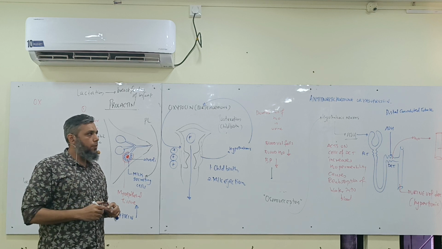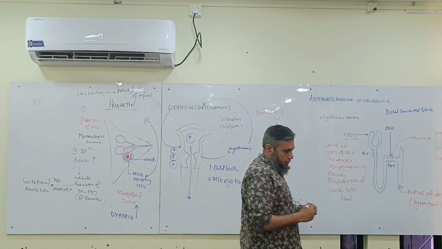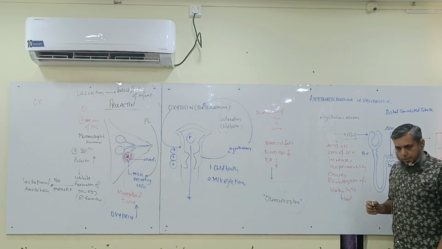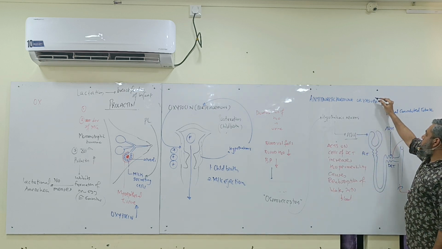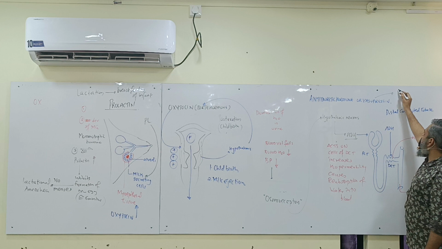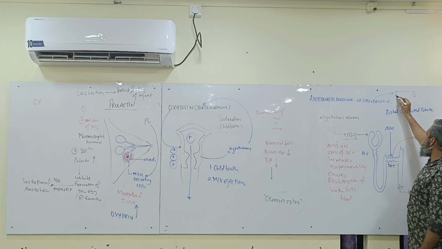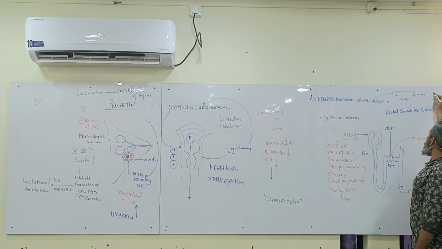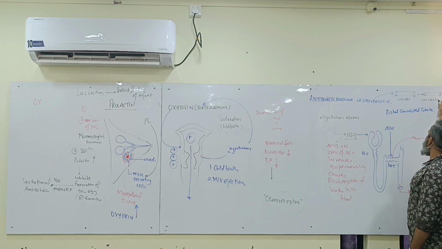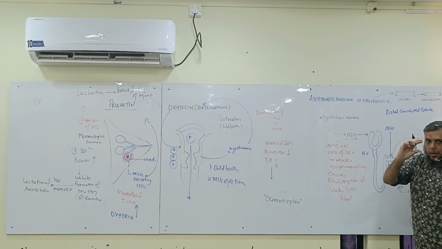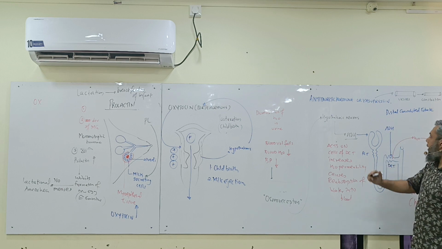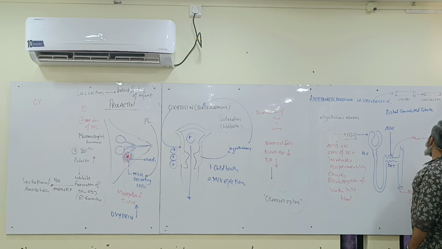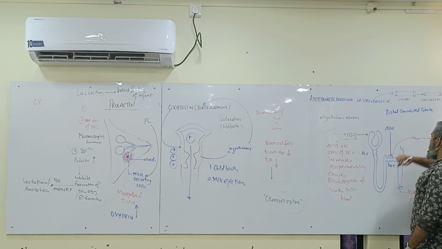I hope you got it. What is the other name for it? Vasopressin. Because it can act on your blood vessels and cause their constriction. Constriction means it can decrease the diameter, and thus it can increase your blood pressure.